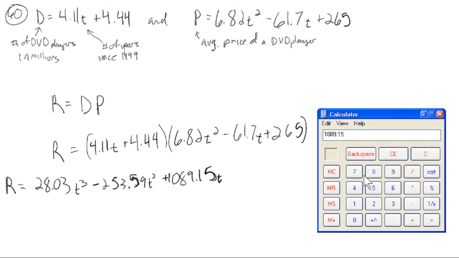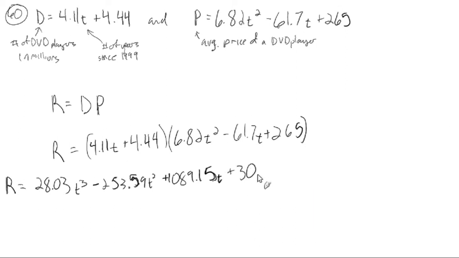Next, we'll move on to 4.44 and distribute it. So we'll do 4.44 times 6.82. 30.28. And that is going to be positive. 30.28 t squared. And then we will do 4.44 times negative 61.7t.